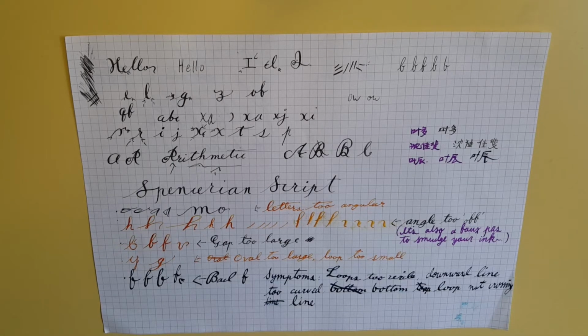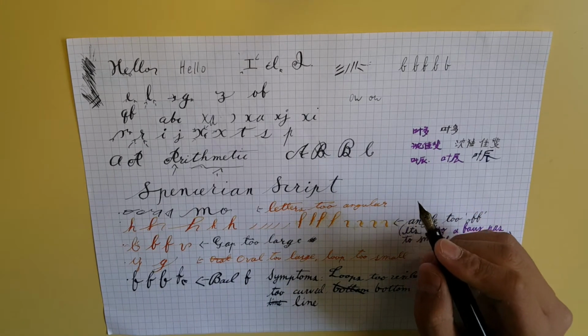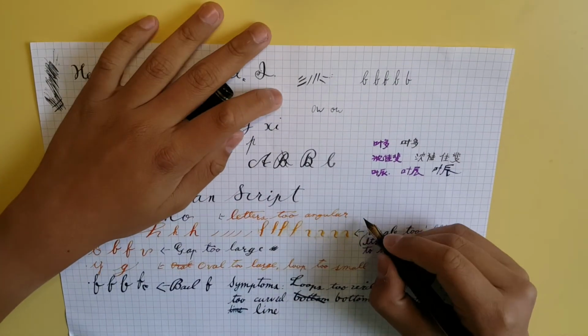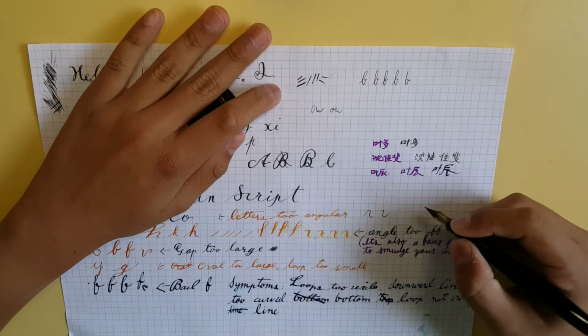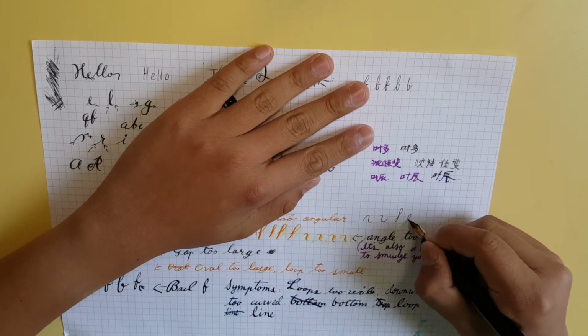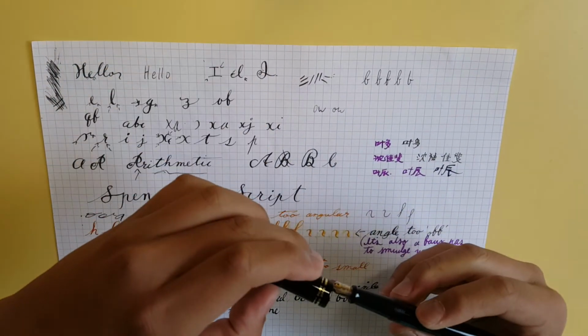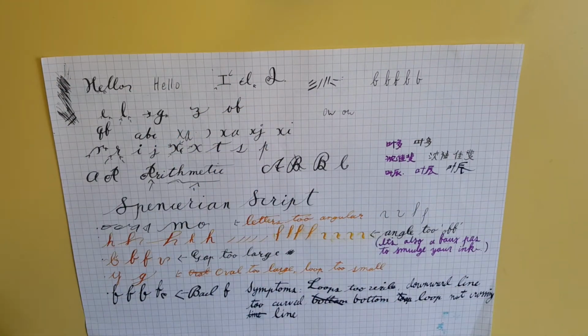We can fix this by just practicing our strokes and applying them. So practicing our overturns, our underturns, and descending stem loops, ascending stem loops, and these strokes, practicing these strokes more and applying these strokes so that we do not end up with these angular letters.